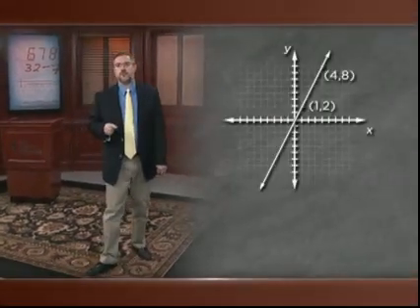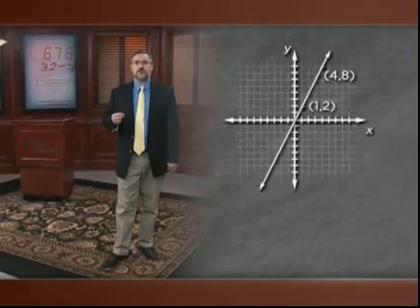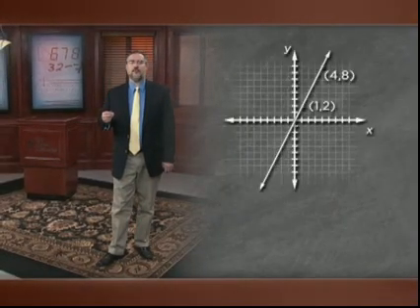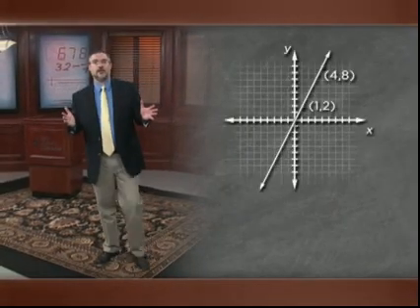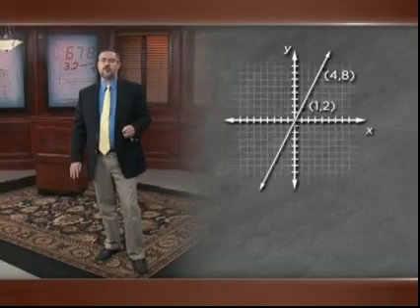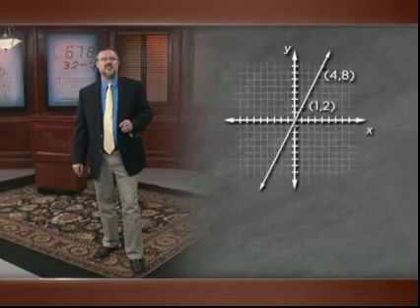Now, with this definition in mind, let's calculate the slopes of two line segments, exactly the two line segments that we've drawn earlier in this lesson. The first line segment went through the 2 points (1, 2) and (4, 8). How do we calculate the slope of the line that goes through those 2 points? Well, it's actually not that hard.